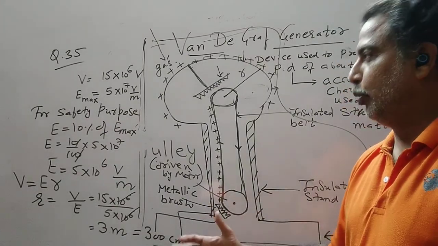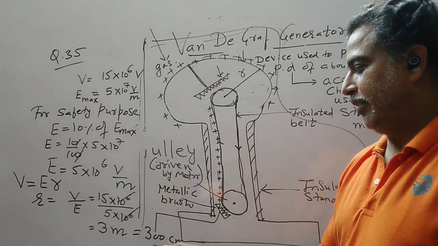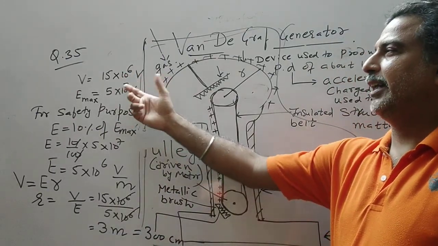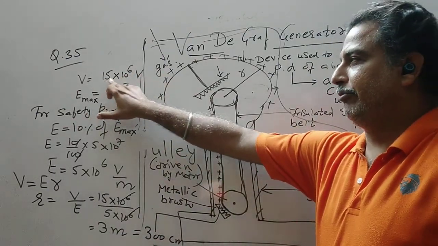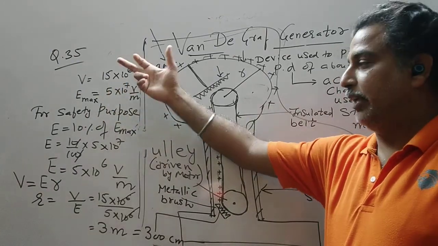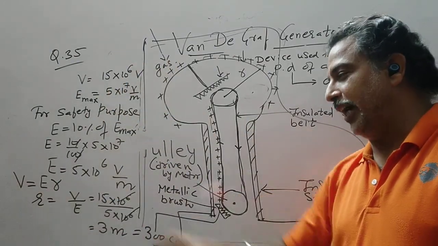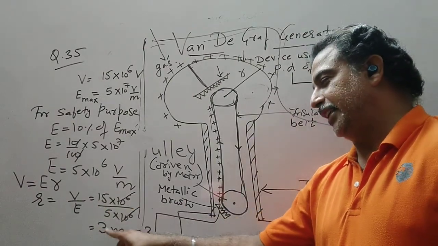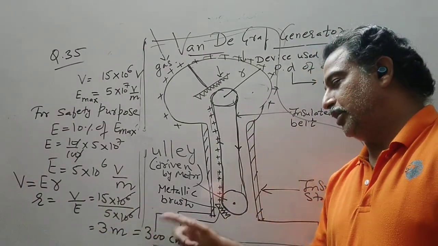Also, you refer to the book. The answer given is 30 centimeter. So there is a printing error. V can be 15 into 10 raised to 6, or if I take V as 1.5 into 10 raised to 6, then it comes out to be 0.3 meter, which is 30 centimeter.